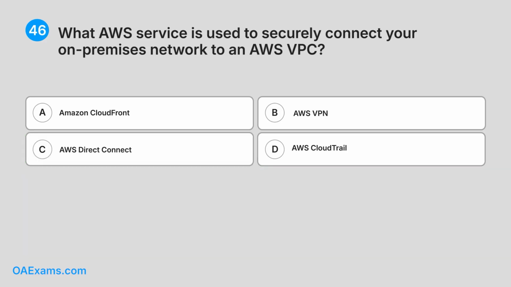46. What AWS service is used to securely connect your on-premises network to an AWS VPC? A. Amazon CloudFront. B. AWS VPN. C. AWS Direct Connect. D. AWS CloudTrail. Do you know the answer?